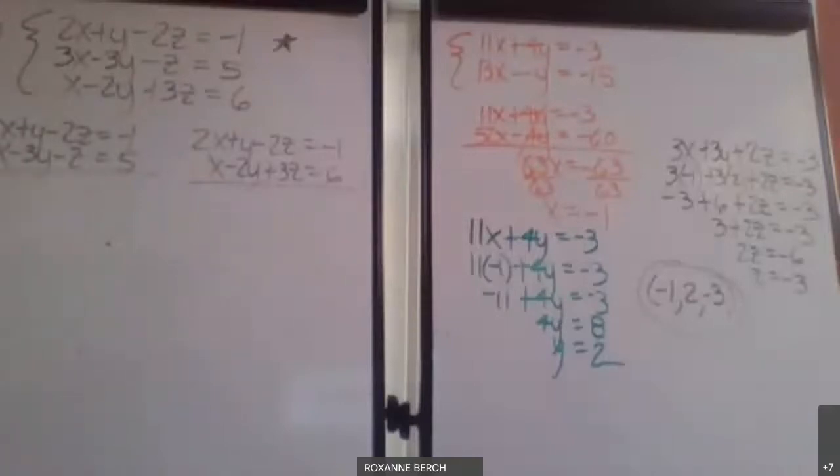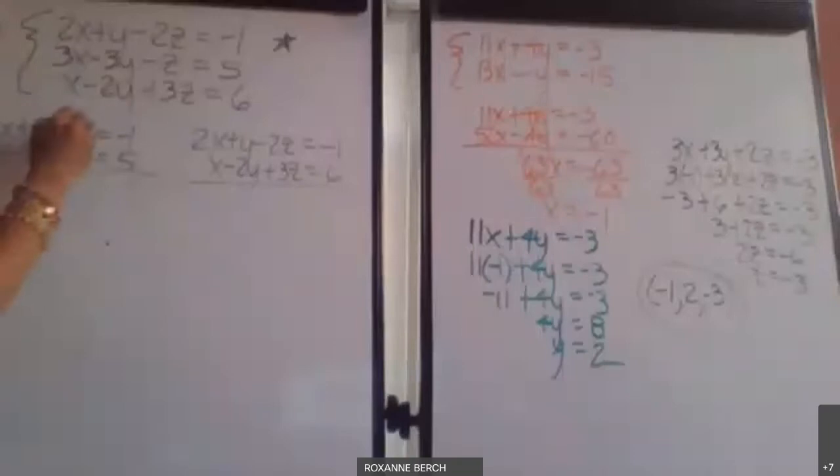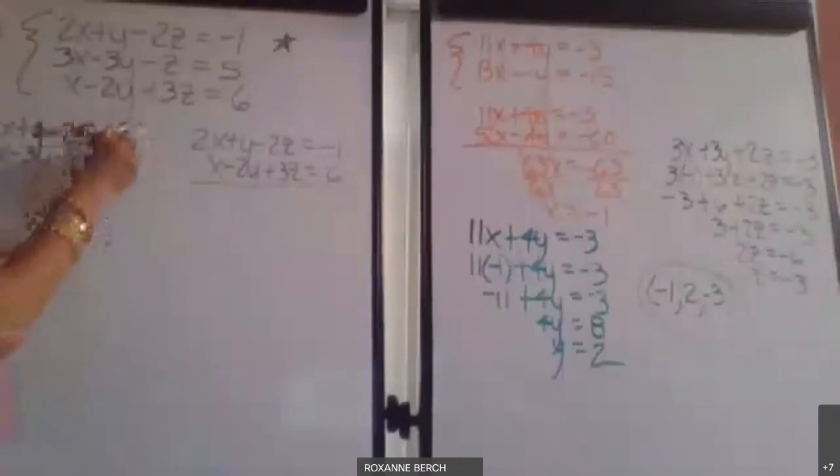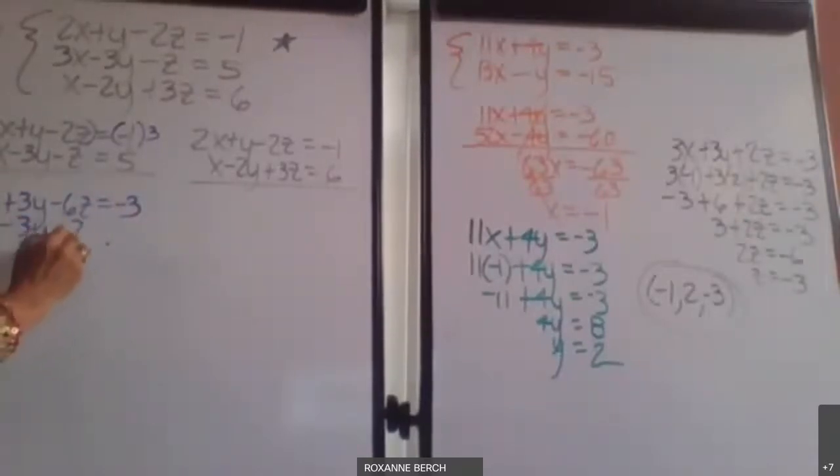Oh, okay, I see what you mean. So I'm going to multiply the top by 3. You get 6x plus 3y minus 6z equals -3. The bottom stays the same. And see how I was able to eliminate the y?